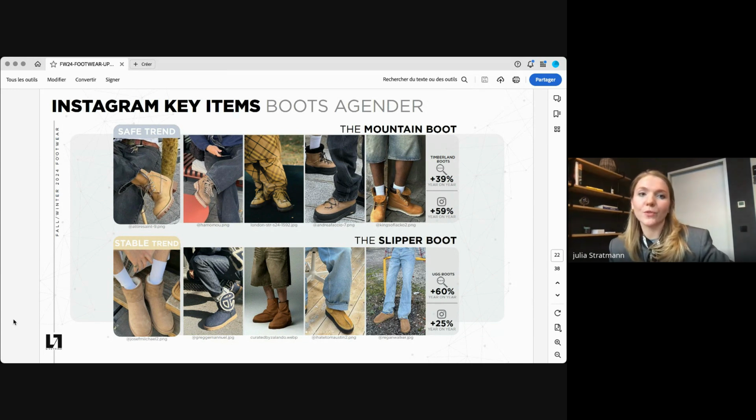So as Barbara mentioned before, it's becoming an important fashion piece even across a lot of market scopes.